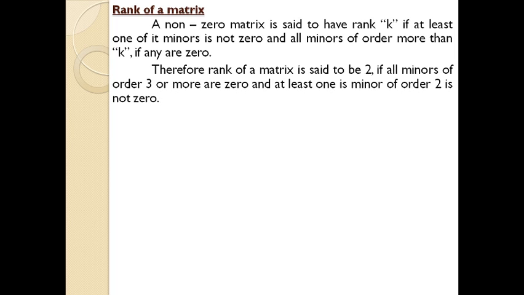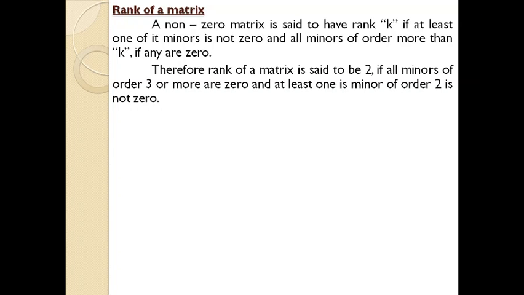So the rank of a matrix is said to be 2 if, whatever its order may be, you find that its rank is 2. So all the minors of order 3 or more are 0.